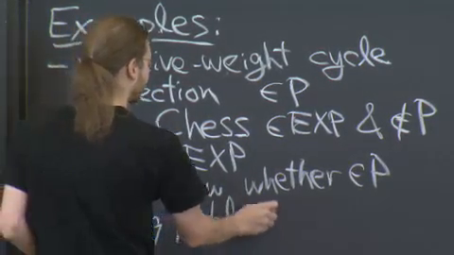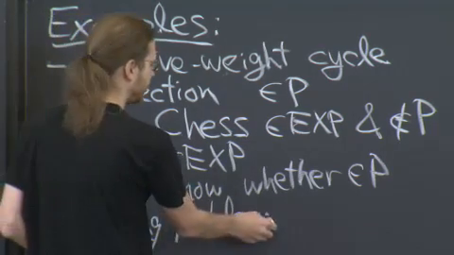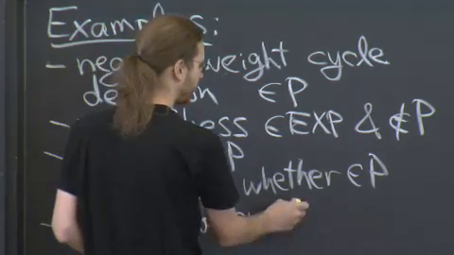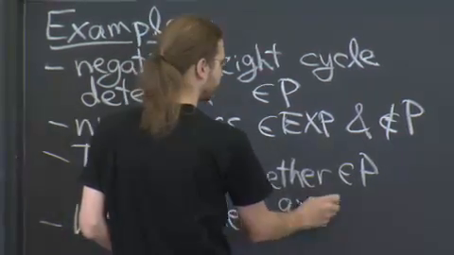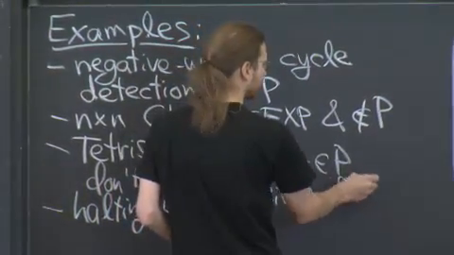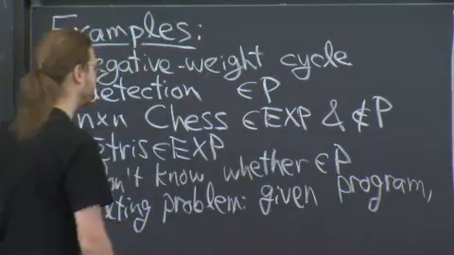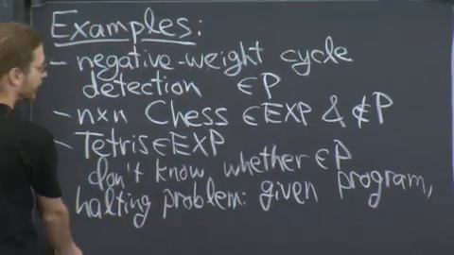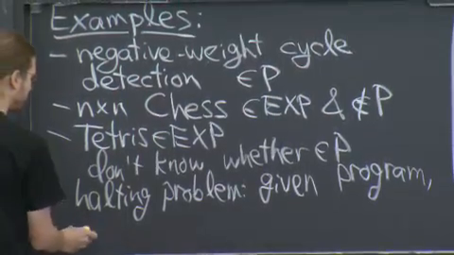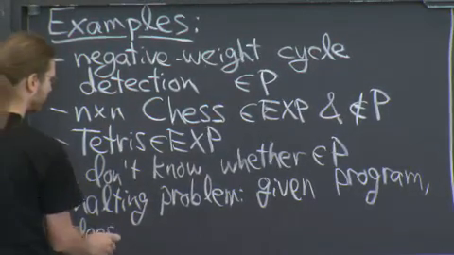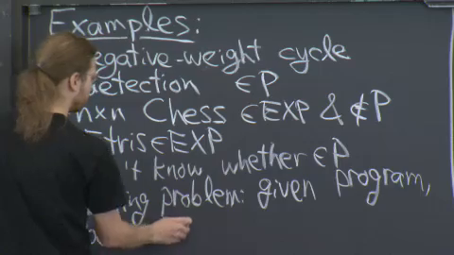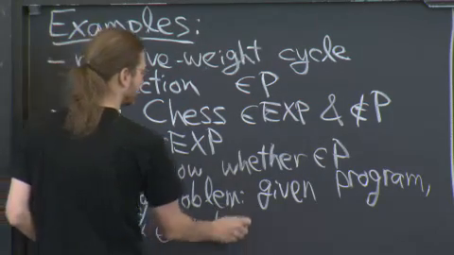The halting problem is particularly cool, as we'll see, or interesting. It's a problem of given a computer program, Python, whatever, it doesn't really matter what language. They're all the same in a theoretical sense. Does it ever halt? Does it ever stop running?